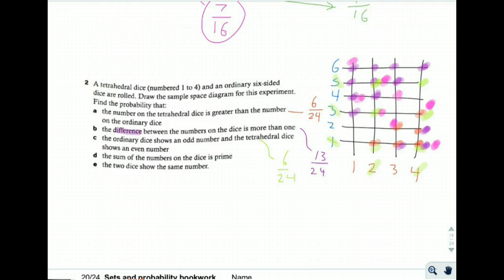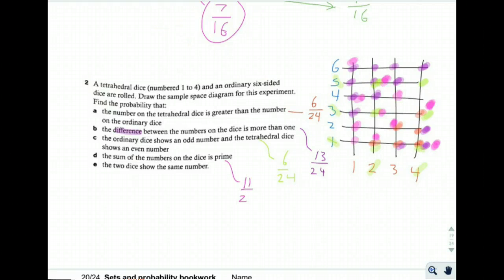What about 3? 2 and 1 does. 1 and 2 does. And then there's 2. 1 and 1 does. Okay, so let's count those. So there's quite a few. 1, 2, 3, 4, 5, 6, 7, 8, 9, 10, 11. I think there's 11.